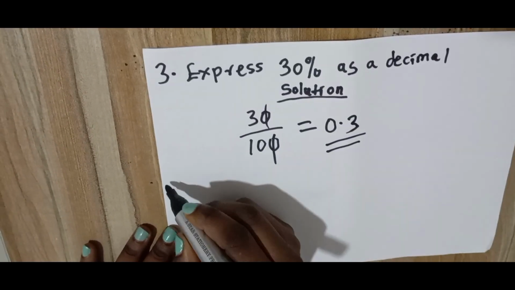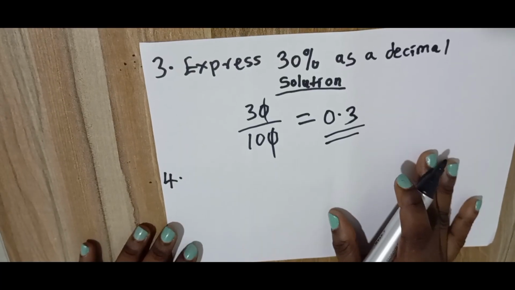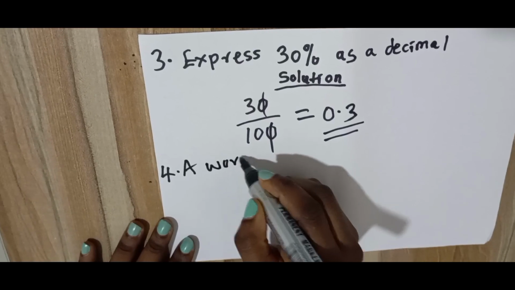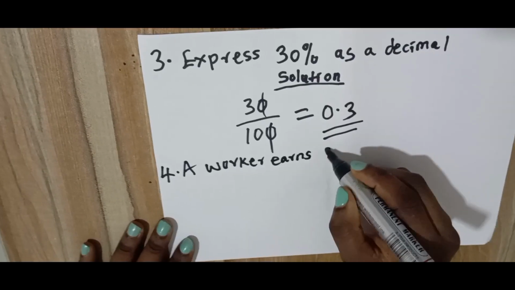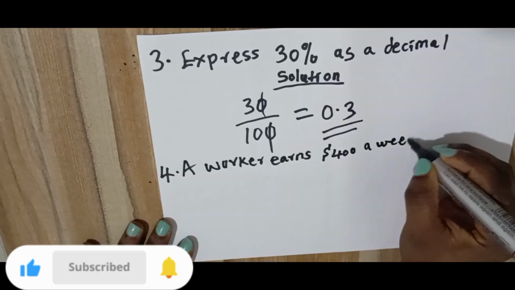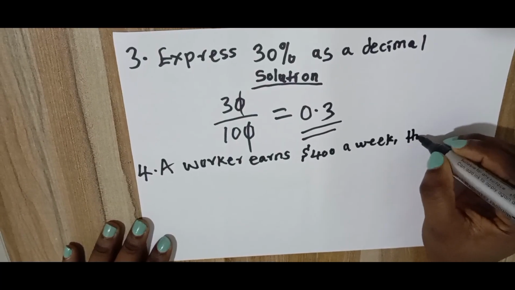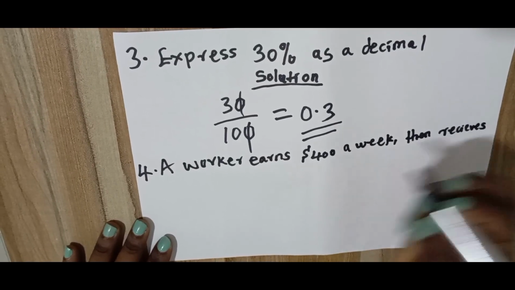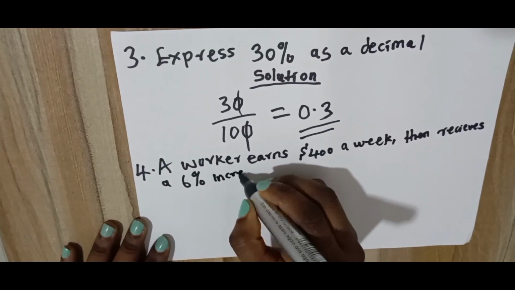Okay, so let's go to the fourth one, and this should be the last on percentage that we'll be working on today, right? So I'm going to say a worker earns $400 a week, then receives a 6% increase.